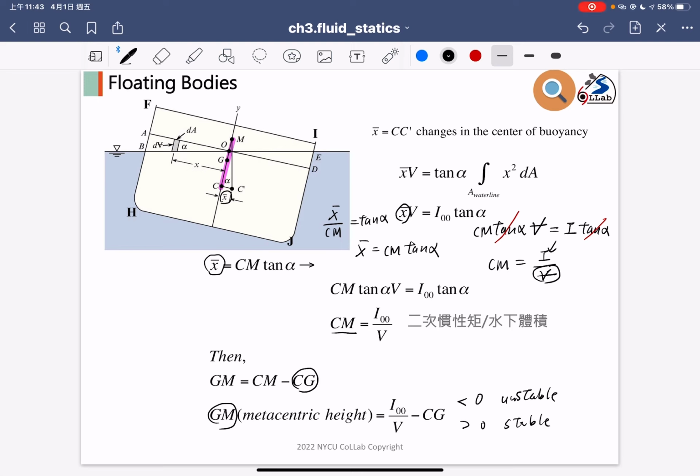So we just base on the Gn value to predict whether the body is stable or not. The key knowledge here is that we should compute the Cn distance first, and then Cn minus Cg gives us the Gn.